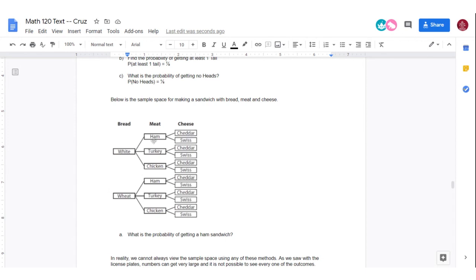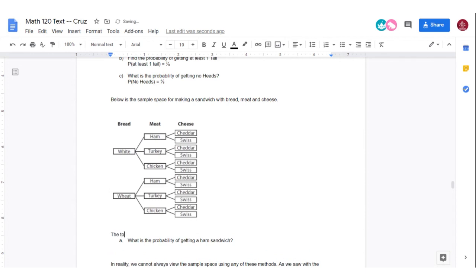White ham cheddar, white ham Swiss, white turkey cheddar, white turkey Swiss. So the total outcomes are 2 times 3 times 2, which is 6 times 2, so there are 12 possible sandwiches.